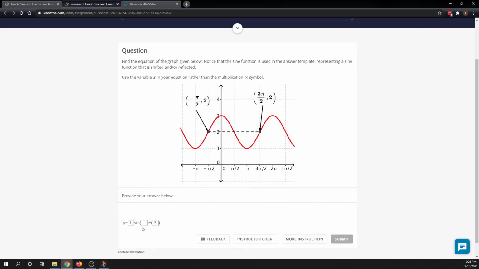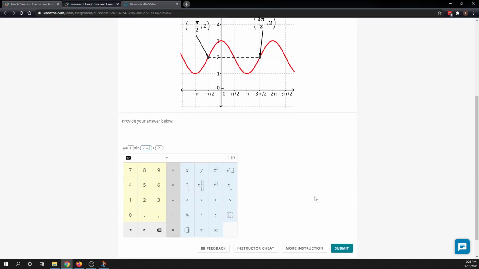So go over here. All right, B is 1, so it's going to be 1x minus, and then it's going to be minus pi over 2. Let me put that in.